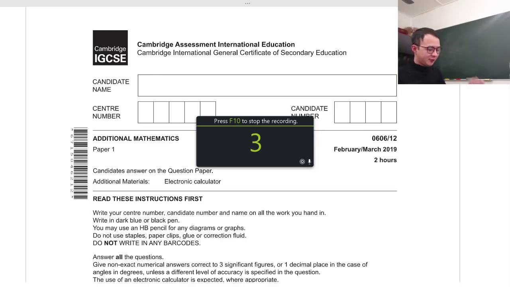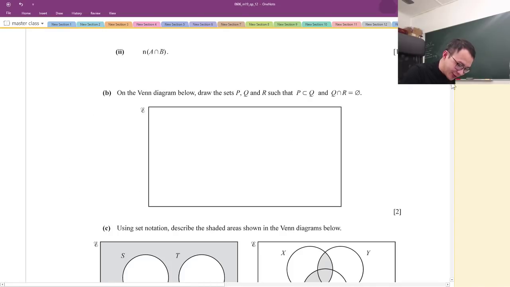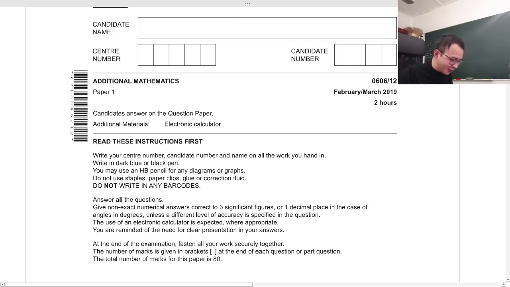Alright, 3, 2, 1. Okay, so today we will discuss the 2019 paper. A bit messy at the beginning, but I hope everything will be good. So let's have a look at this paper first. Let me just scroll down, but it always gives me so many technical issues. Just give me a moment. Why is my paper not moving at all? Okay. I hope no more technical issues.